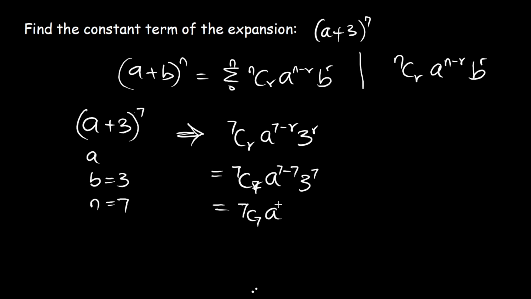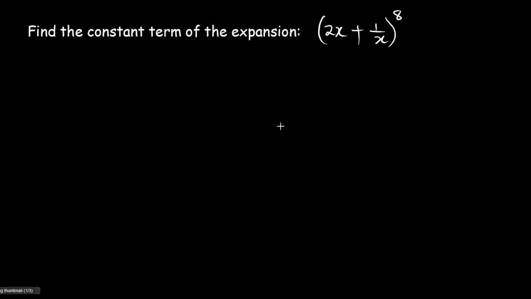But if you don't know how to do that, you can always use your calculator. So this is 1, this is 1, and we have 3 raised to the power of 7. And the term that is independent of a, or the constant term of that expansion, is 3 raised to the power of 7.